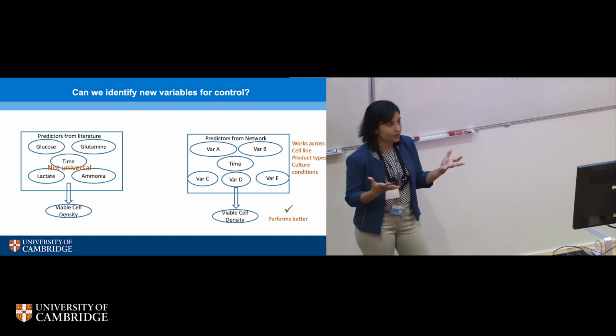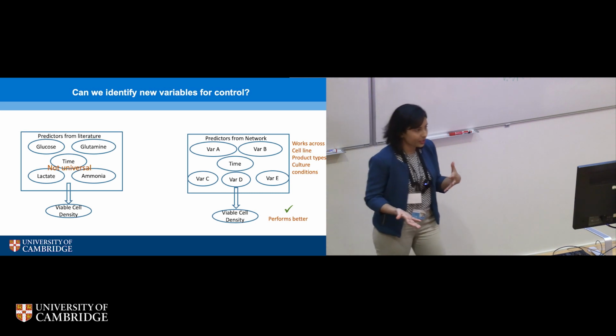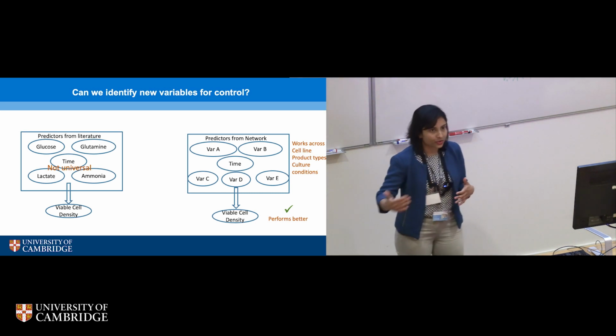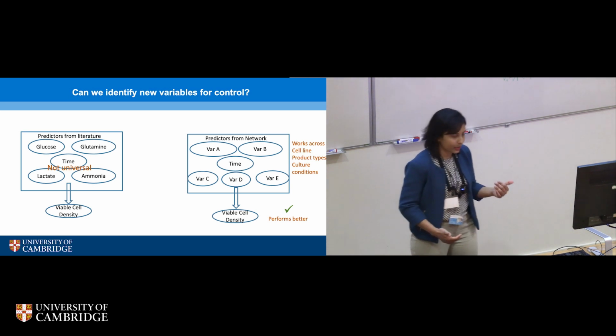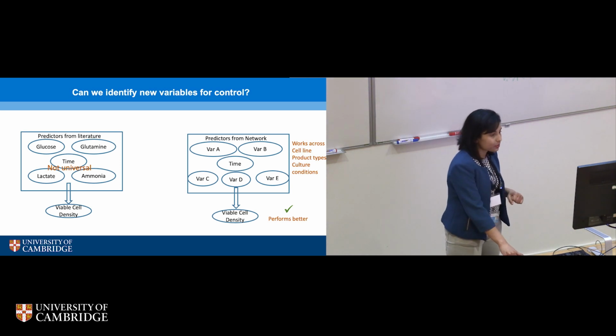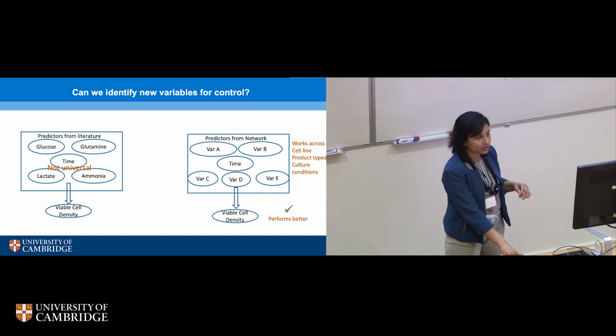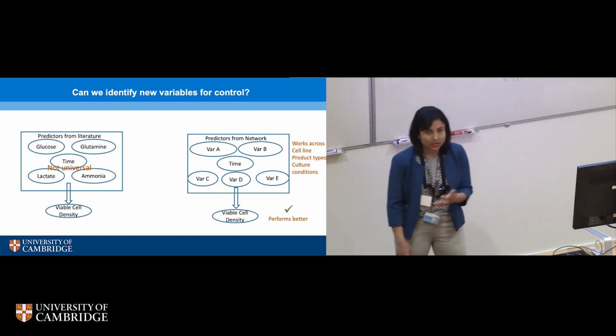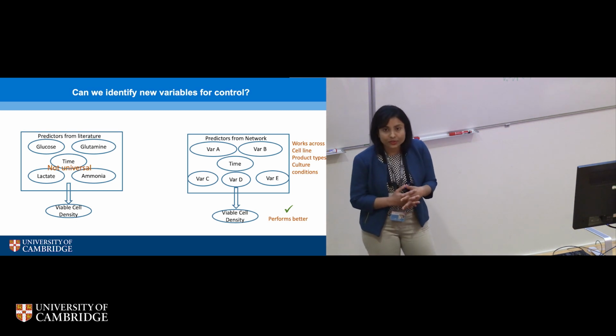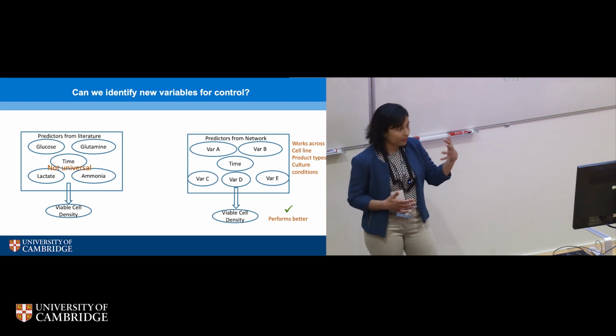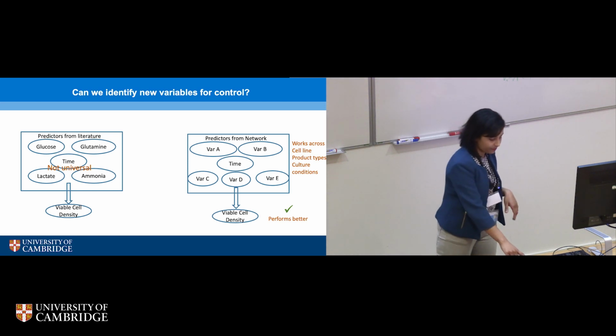They are equations which we can optimize using an optimizer, and that is important because if you want to do a control action, you need to be able to optimize an equation. We saw that the predictors from the network performed better, and they also worked across different cell lines, product types, and culture conditions. The main reason for this is that the relationships we extracted came from heterogeneous data sets. All of that really helped in predictions in the later stages.